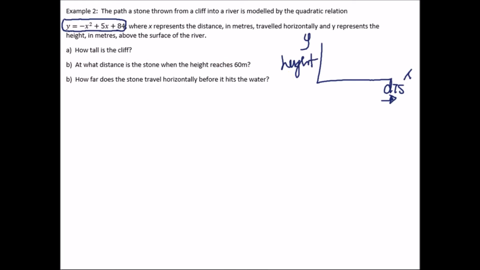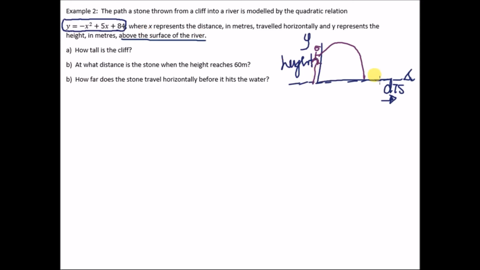Think of the water as this right here, and maybe this guy is on a cliff, about to throw something, and it's going to go like that, right into the water. So water is going to be a height of 0 because it's the height above the surface of the river. You usually have to figure out what that baseline is.